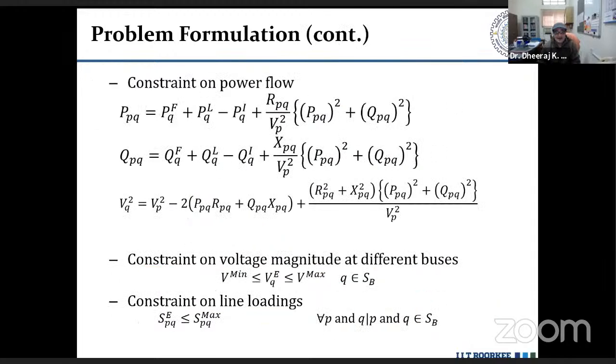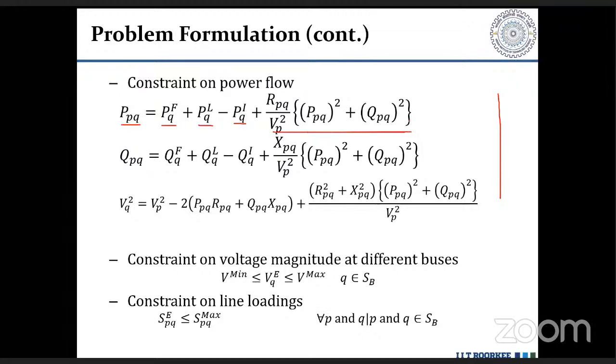And now we have a power flow constraint. The active power flow through a particular branch between buses P and Q is equal to the power flow to other branches, load at bus number Q, injected power at bus number Q, and losses occurring in the branch.